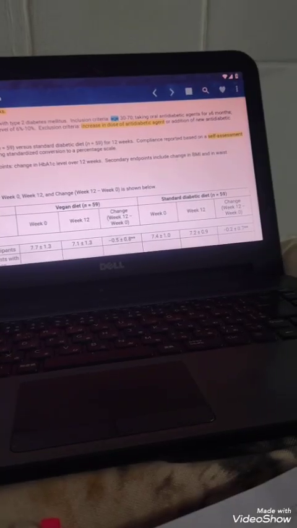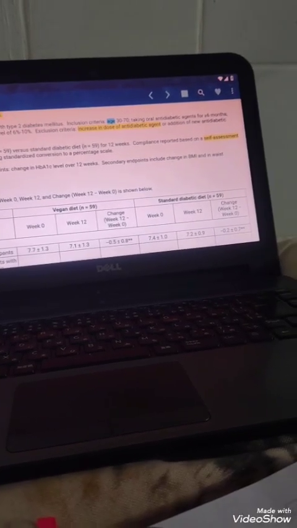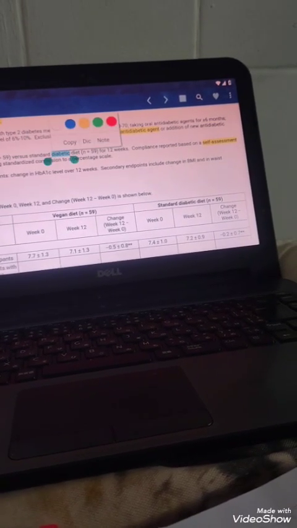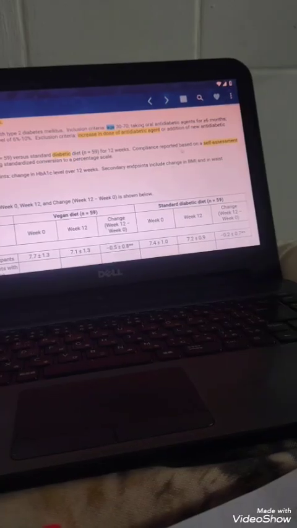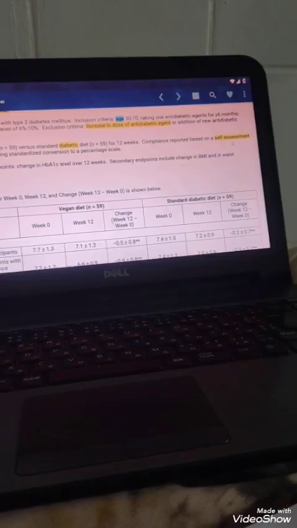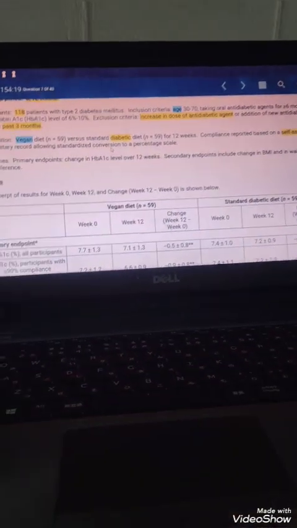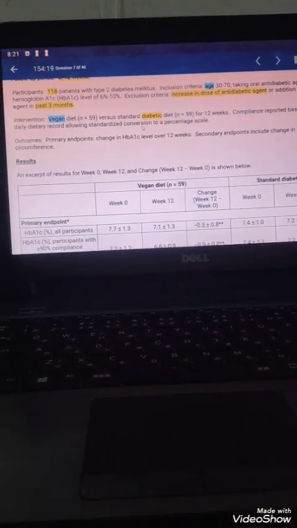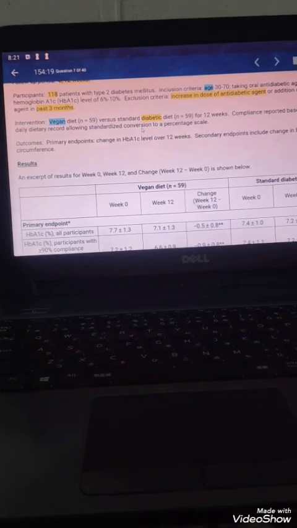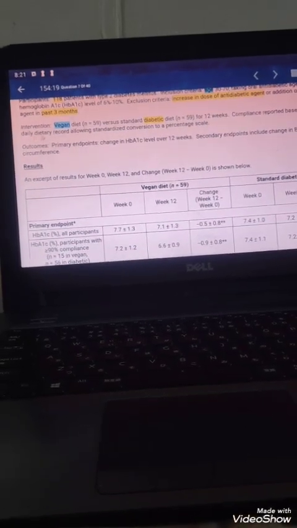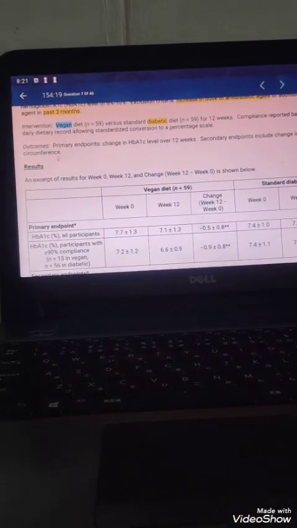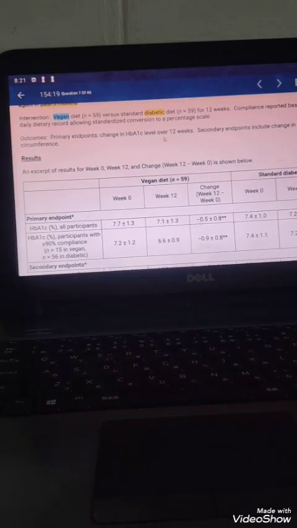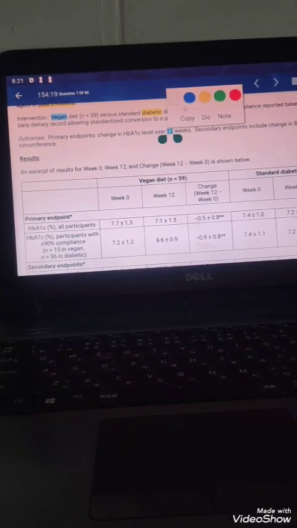The simple thing is the intervention: 118 patients were divided into two groups of 59, with a vegan diet and 59 with a standardized diet. Compliance was reported on a self-assessment dietary record. The primary endpoint, HbA1c, was compared at 0 and 12 weeks.